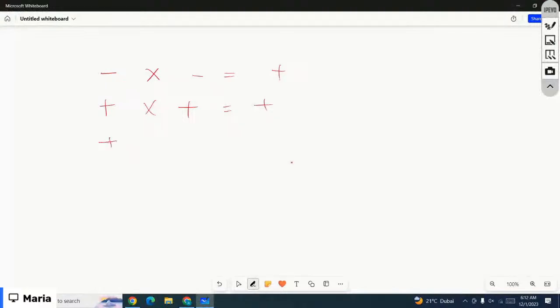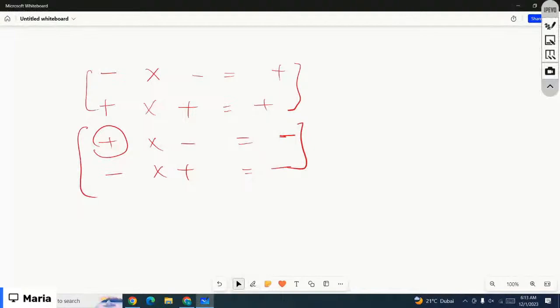If one of the numbers is negative, the answer is negative, right? If both the numbers have exactly the same sign, the answer must be positive. If the numbers have different signs, the answer must be negative.